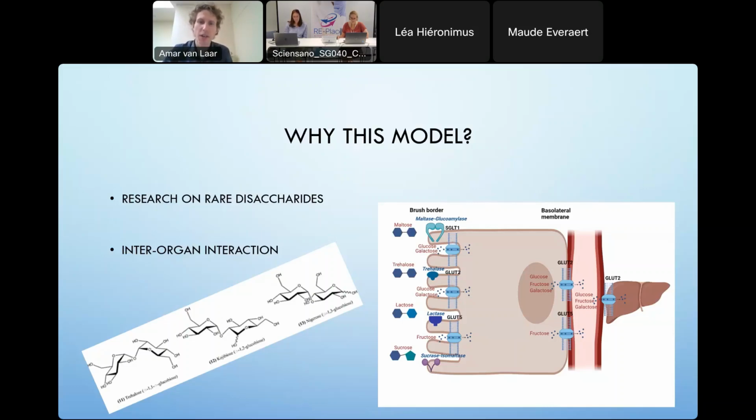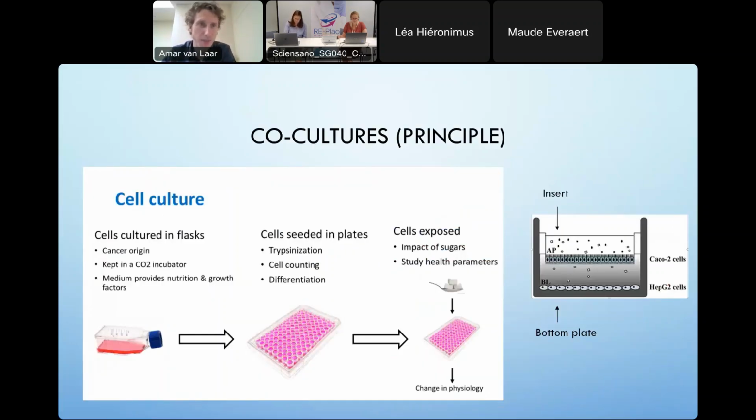Those disaccharides are broken down into monosaccharides, which are then taken up, end up in the bloodstream, and are available for other organs. So when you want to investigate the health effects of those rare disaccharides on metabolic organs, such as the liver, you will need such a digestion step, and conventional monoculture models cannot allow that. Within a co-culture model, you can combine different organs, so that's why this is so relevant for us.